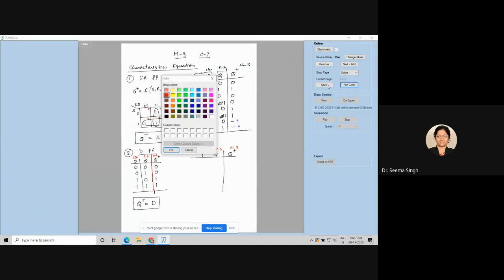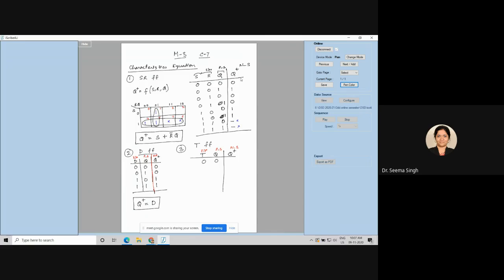Now let us start. It is two inputs, which means only four possibilities will be there. So 0 0, 0 1, 1 0, 1 1. Four possibilities have come, right? Now, please let me know what will be the output.